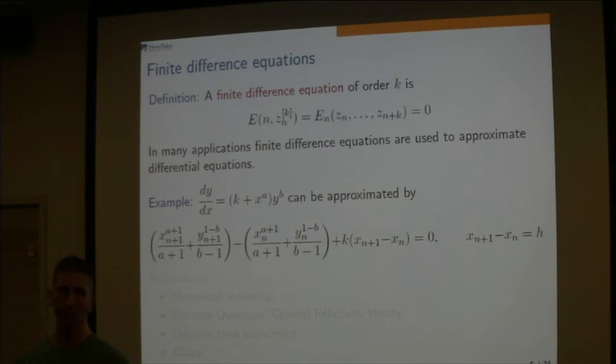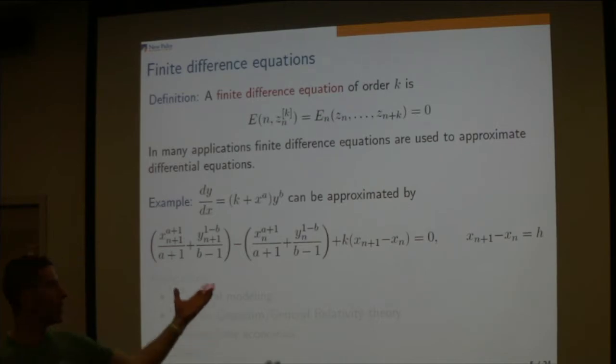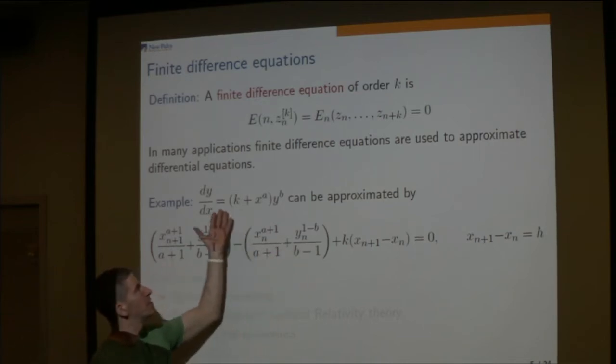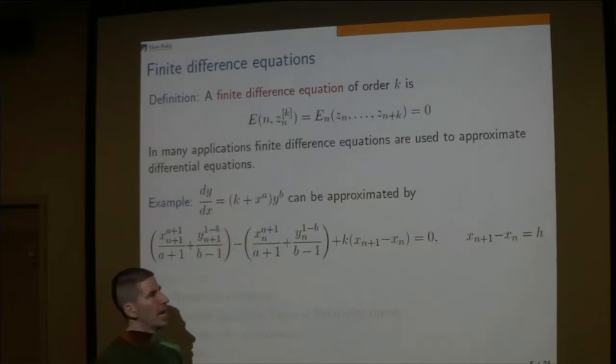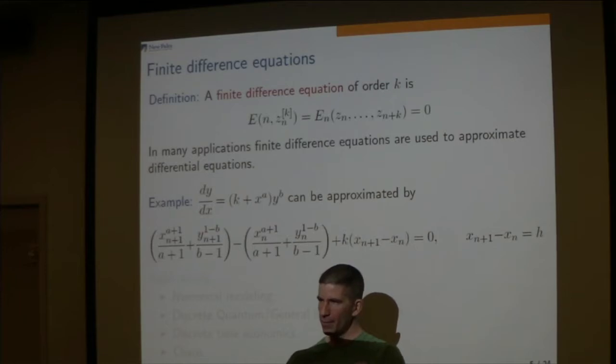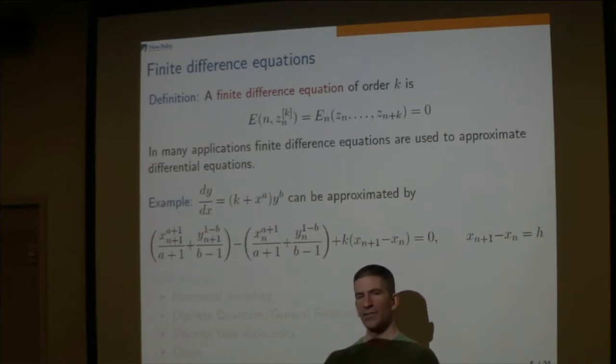So usually, if we're trying to approximate, let's say, an ODE, like in this example, we'll have one equation which will be an approximation of the ODE, and then we will add an extra equation that will specify the mesh, and we will give ourselves enough liberty for the step size.